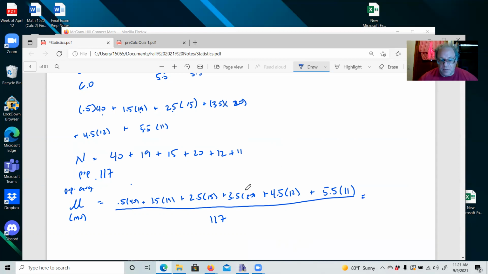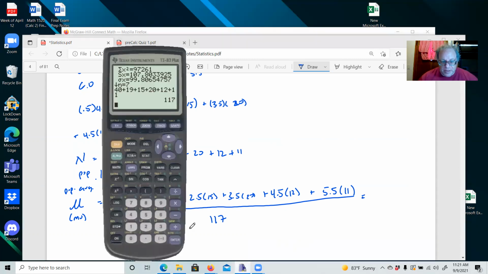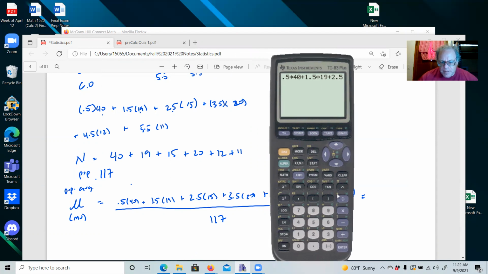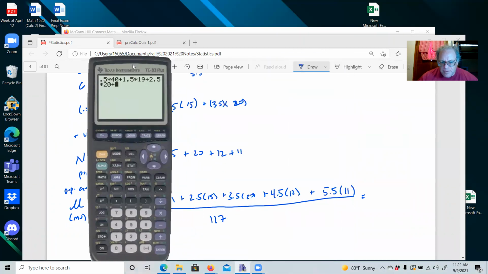So let's go ahead and set that equal. We have 0.5 times 40 plus 1.5 times 19 plus 2.5 times 15, plus 3.5 times 20, sorry, I just did 2.5 times 15.